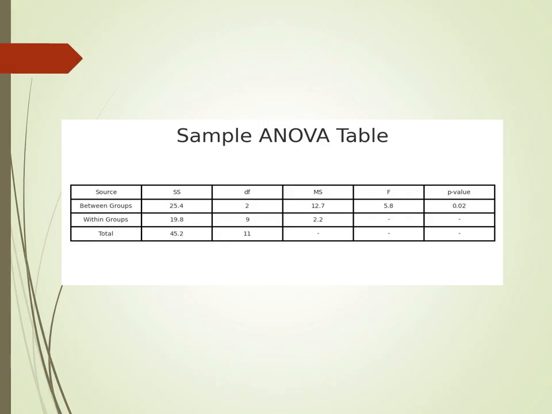You have the source: between groups, within groups, and total; then the sum of squares of between, within and total; then the degrees of freedom you have to calculate for between groups, within groups and total; and the mean sum of squares, and F ratio compared with the P value. Based on this we can work out a problem later and understand the concept of ANOVA.